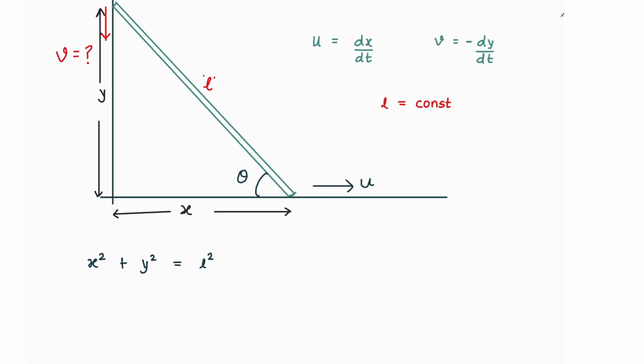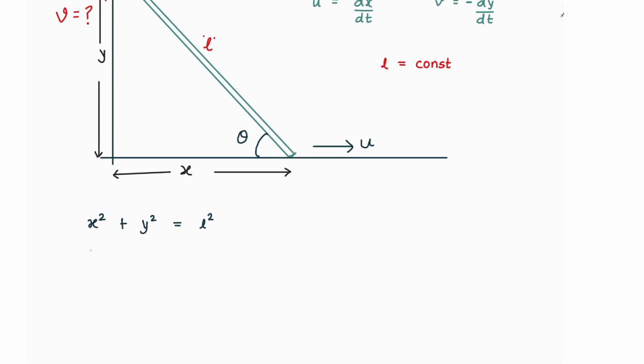Now since we have the terms dx by dt and dy by dt, we differentiate with respect to time. So we get 2x dx by dt plus 2y dy by dt is equal to the derivative of L square, which, L being constant, is 0.